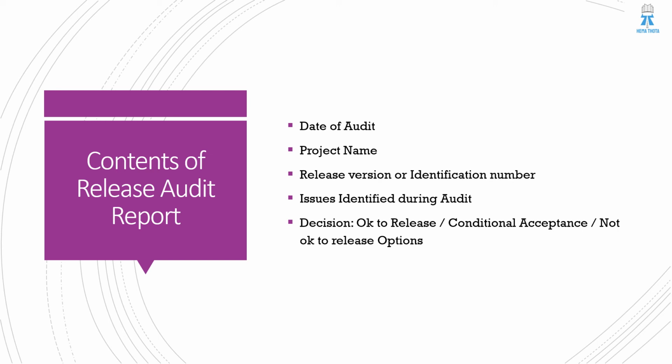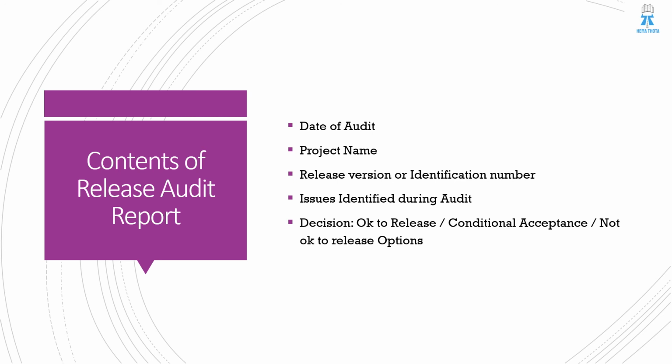Or if you get the acceptance from the engineering head, you are okay to release, something like that: conditional acceptance, partial acceptance, or not okay. In some companies they call it a go no go decision. So the go no go decision is a power given to the quality assurance person, and he will tick one of the aspects. So this is a report.